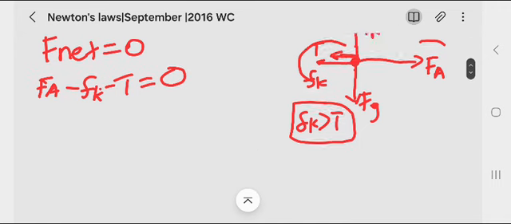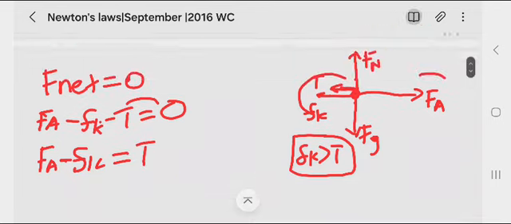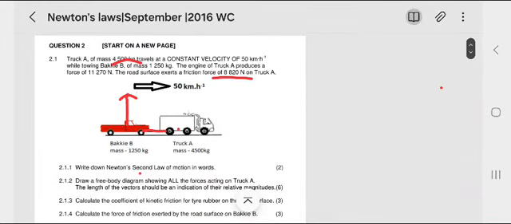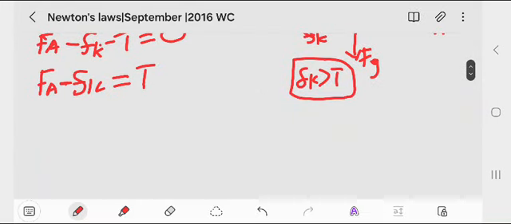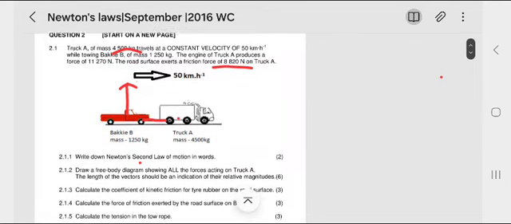Since I want the tension, I can say T equals F applied minus Fk, adding T to the other side. So what is F applied? It is 11,270 minus the friction.